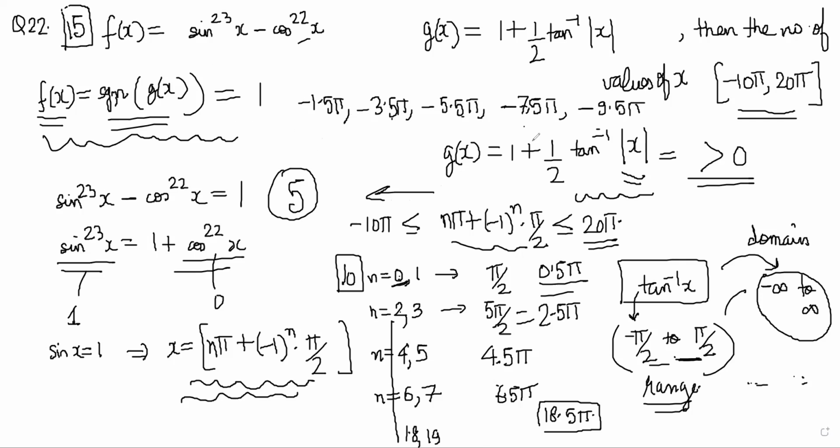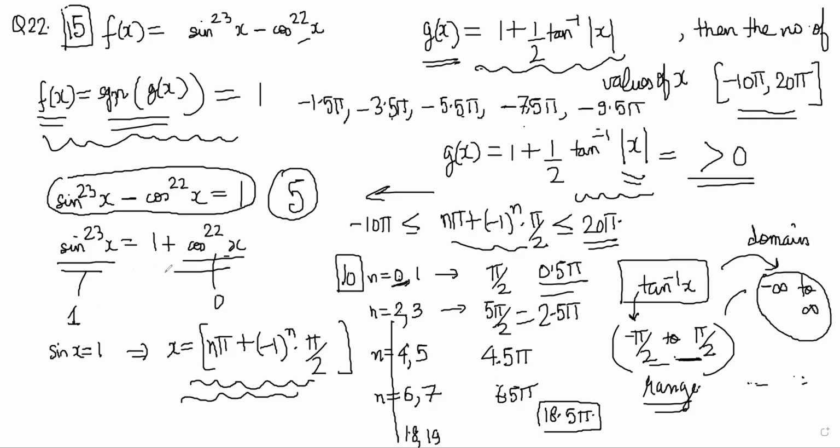So first of all, the question is about understanding this part and why signum of g of x is 1. Once you got that, it became a trigonometric equation, finding how many roots will come. And this equation also is not a normal equation. You have to solve it by thinking about the extreme values of sine and cos, like questions where one side cannot be less than 1.